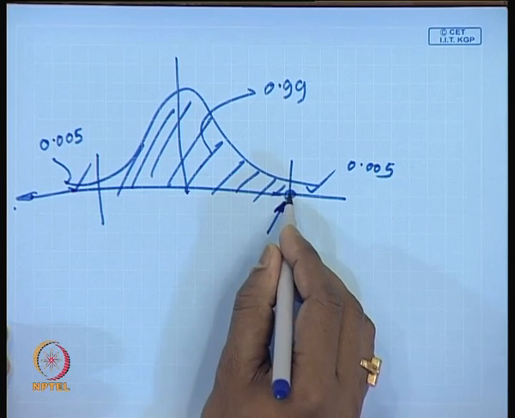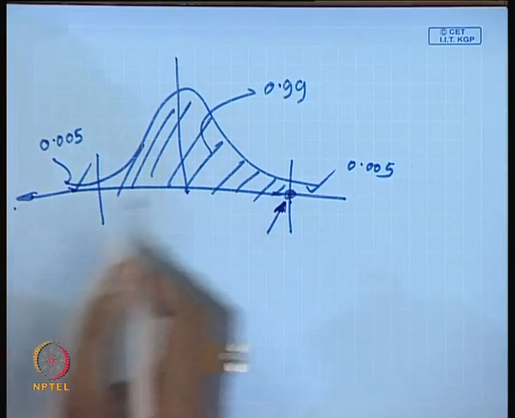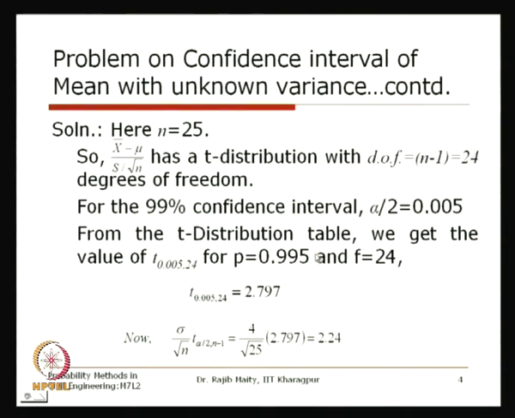So, this is the value at which the cumulative probability is 0.995, and the t distribution shape changes with its degrees of freedom. For 24 degrees of freedom, this value is equal to 2.797. Now, if you recall our earlier example, for a standard normal distribution at the 99% confidence interval, this value was 2.575.